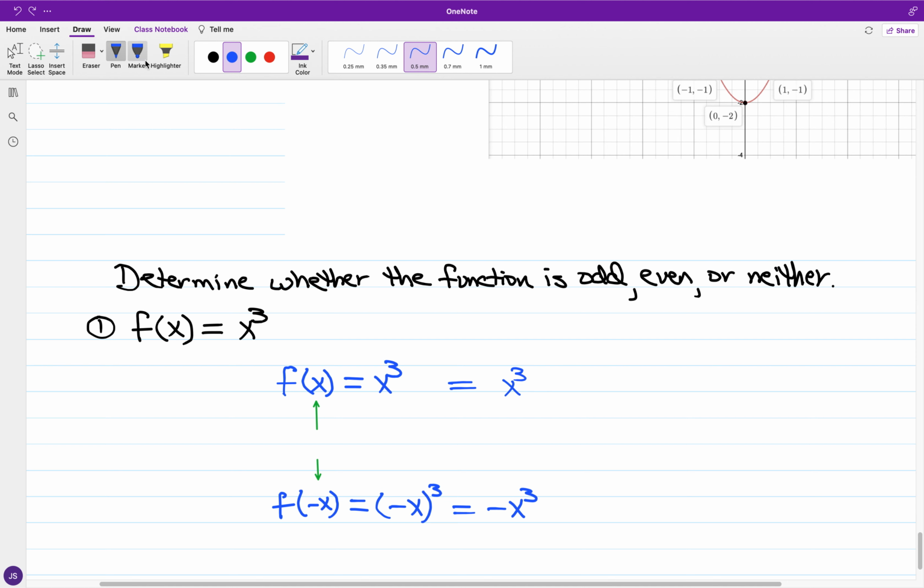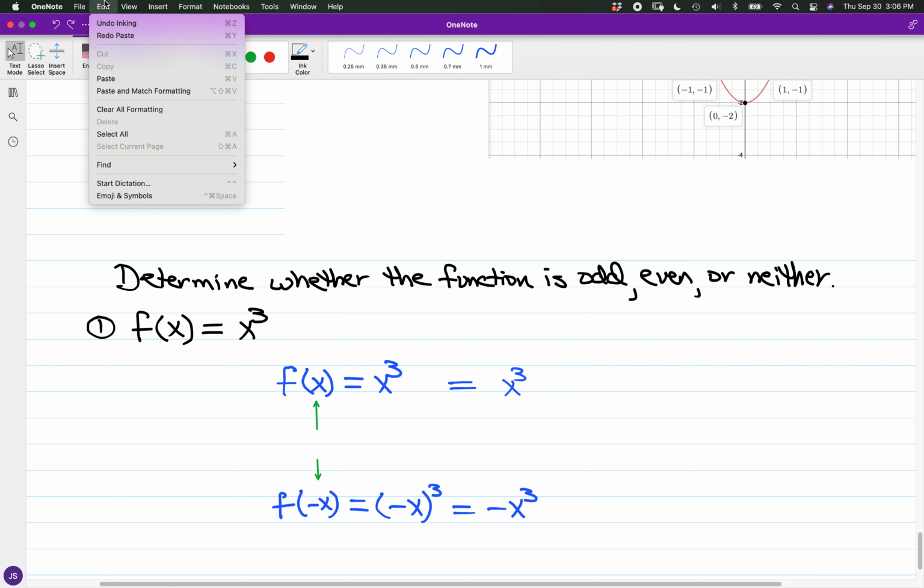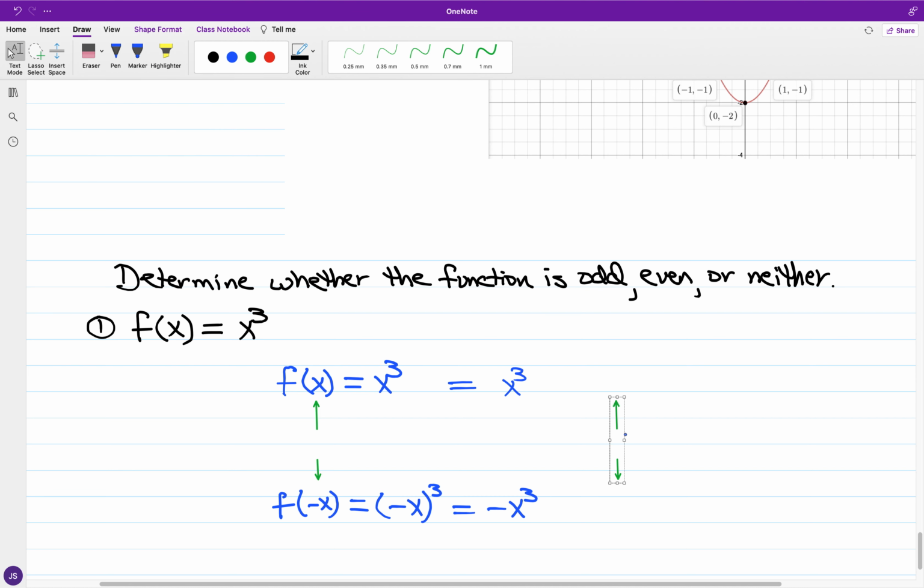Let's take 2. There we go. Okay. So again, you have opposite sign inputs and the outputs are opposite sign as well. So in this particular case, this function is going to be odd.